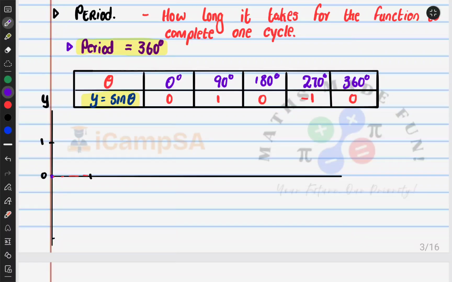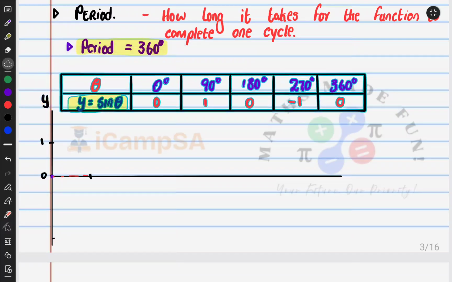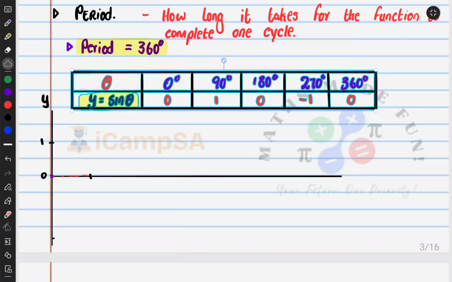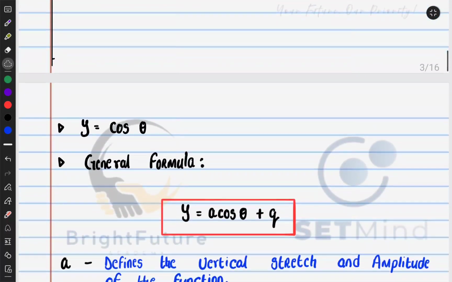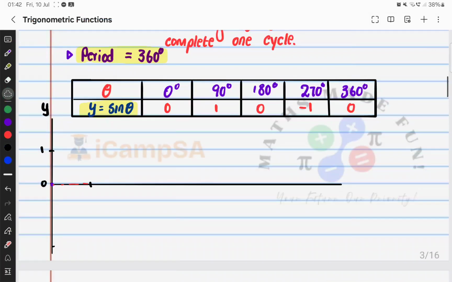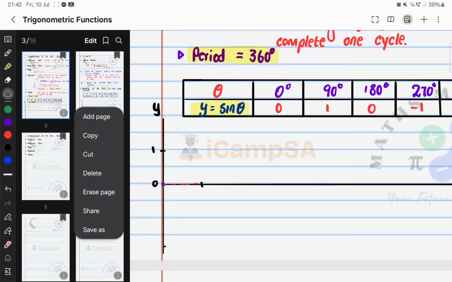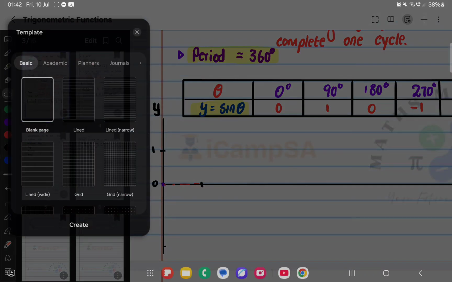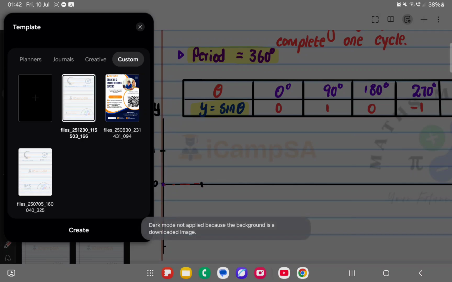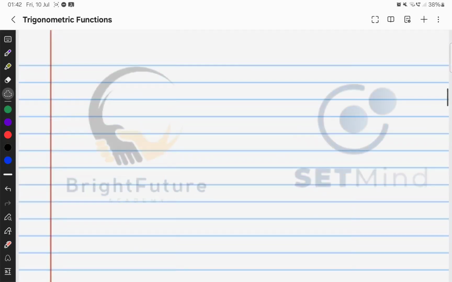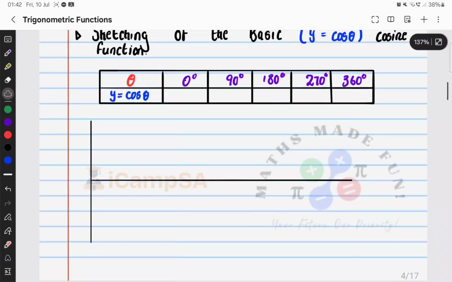So we go from there to, let me see something. Okay, seems as if I can't squeeze this. Okay, and then let me add the page. So the period is how long it takes for the function to complete one cycle.